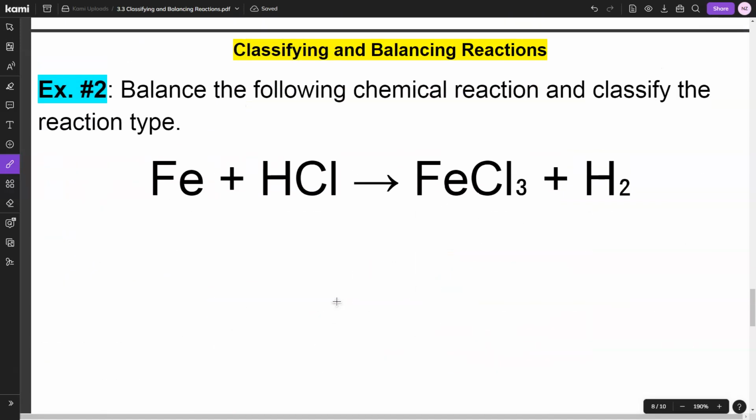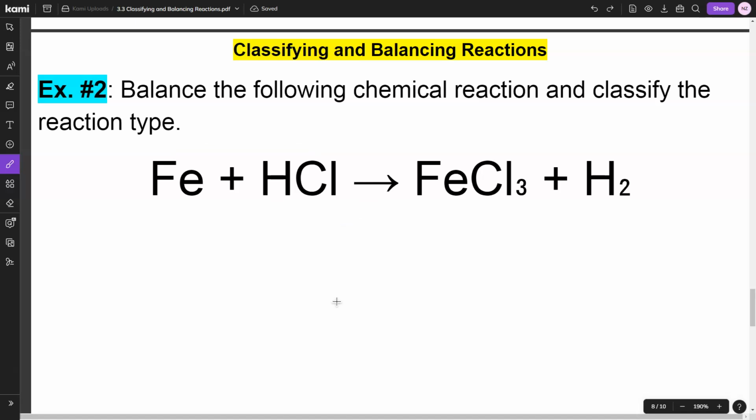All right, let's look at another one. In this reaction, we have iron by itself, and then we have a compound here, which is made up of a cation and an anion. In this case, we have a single replacement reaction because iron is going in and pairing up with chlorine, and then hydrogen gets kicked out.